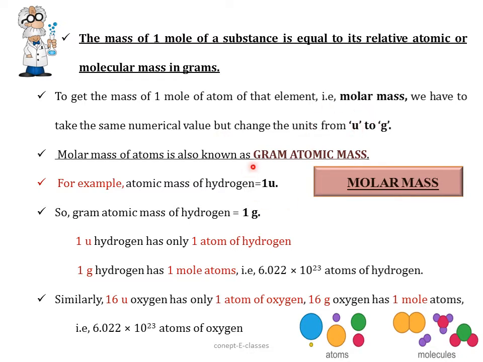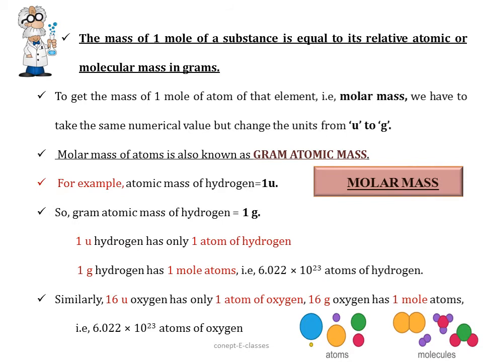Now the molar mass of atoms is also called the gram atomic mass. Let's take an example. We know that the atomic mass of hydrogen is 1 u, so the gram atomic mass of hydrogen is 1 g; we just change the unit from u to g. From this, what can we understand? 1 u of hydrogen, that is 1 atomic mass unit, is only 1 atom of hydrogen, whereas 1 gram of hydrogen, that is 1 gram atomic mass of hydrogen, has 1 mole of atoms, that is 6.022 into 10 raised to 23 atoms of hydrogen.